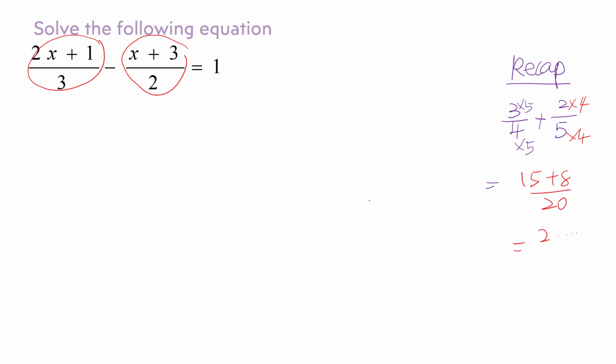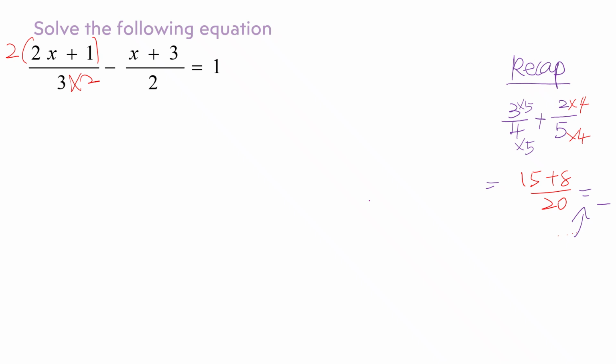So the concept is the same. This is how you did it in your younger days. We're going to find the lowest common multiple for 3 and 2, which is 6. So you multiply by 2, and because there are two terms here, bracket it and put the 2 in front.